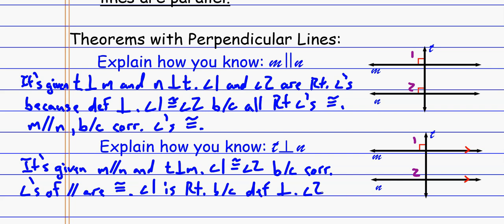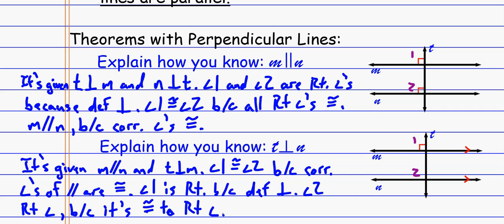But again, I think in terms of making a valid argument, which is the whole idea of why we're doing proofs, okay, you have a reasonable justification here. So angle 2 is a right angle. And I'm just going to say because it is congruent to a right angle.